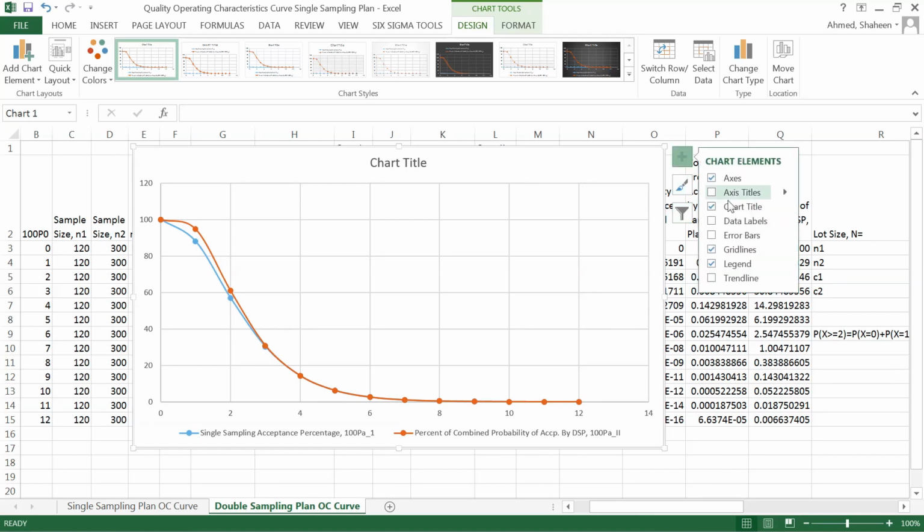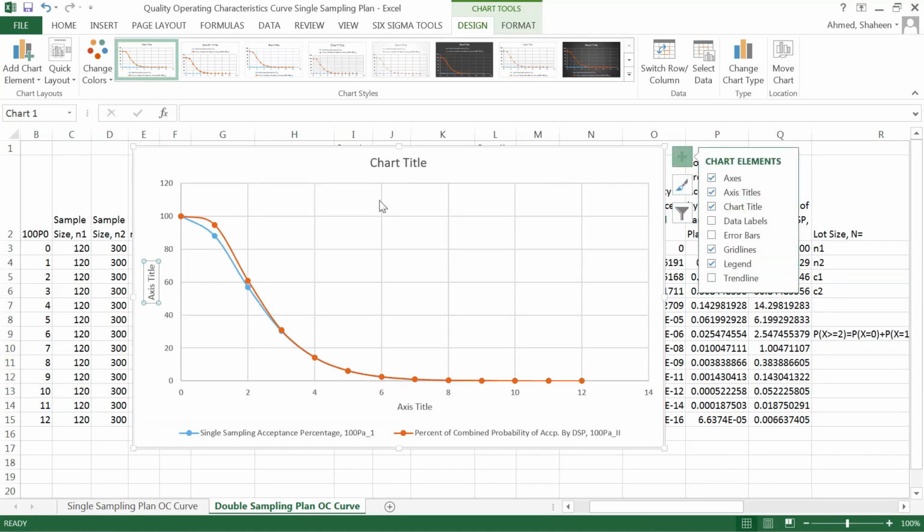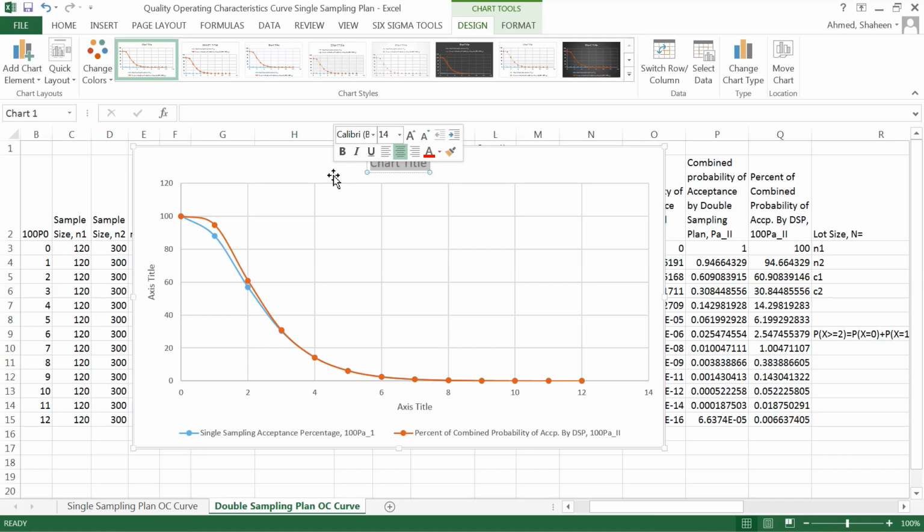Let's name this title. So this title would be double sampling plan operating characteristics curve. Now as you can see, both curves are presented here, the single sampling characteristics and double sampling, just to see the comparison.